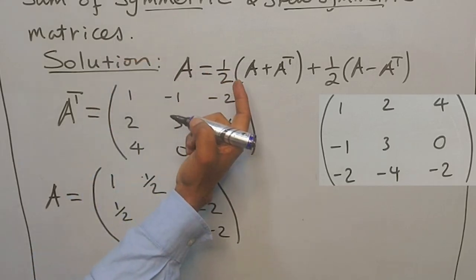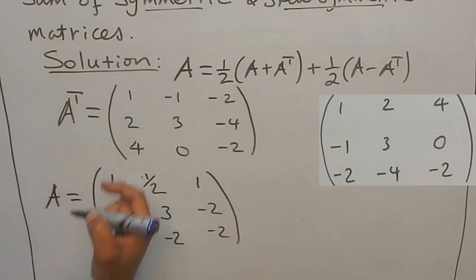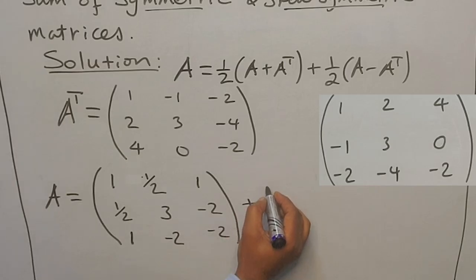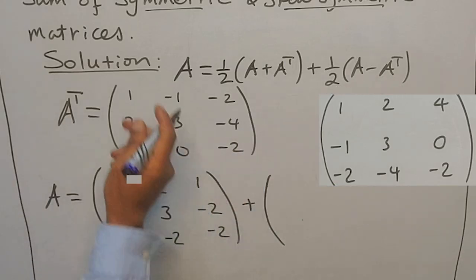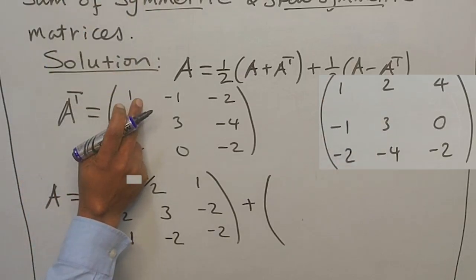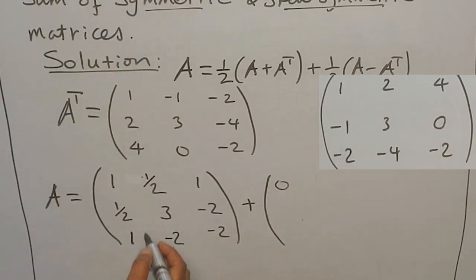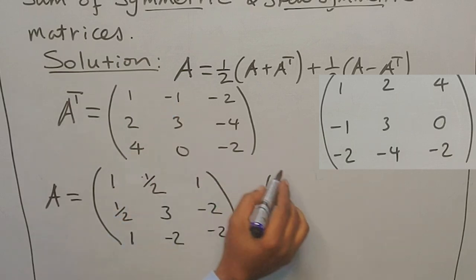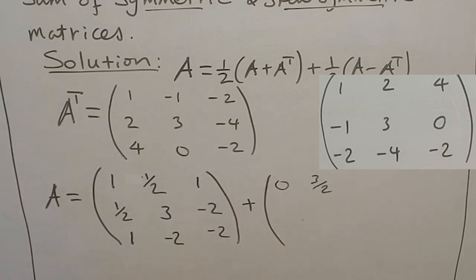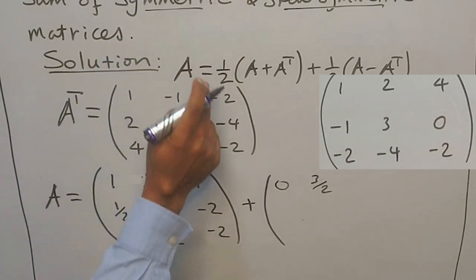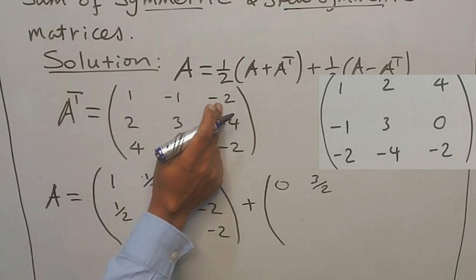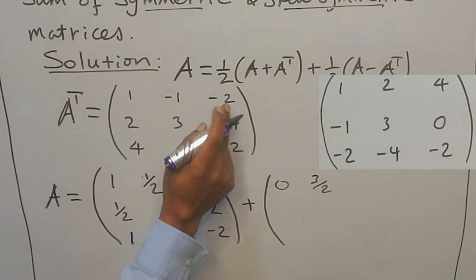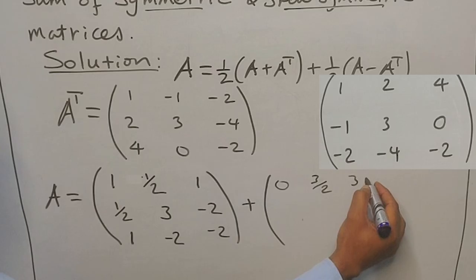That's symmetric. A plus A transpose over 2, plus 1 over 2 A minus A transpose. 1 minus 1, 0 over 2, 0. 2 minus minus 1, 3 over 2. 4 minus minus 2, 6 over 2, 3.